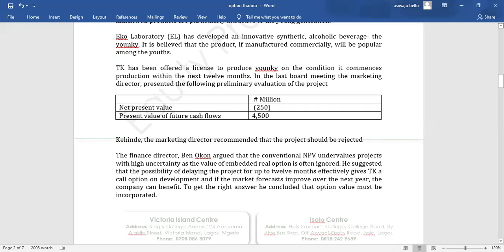Now look at the view of the finance director. The finance director argues that conventional net present value undervalues project with high uncertainty, as the value of the embedded real option is often ignored. He suggested that the project should be delayed for 12 months, and we should incorporate option value.